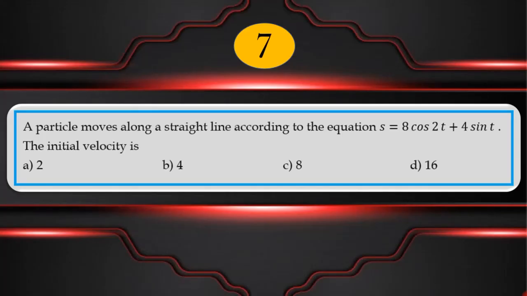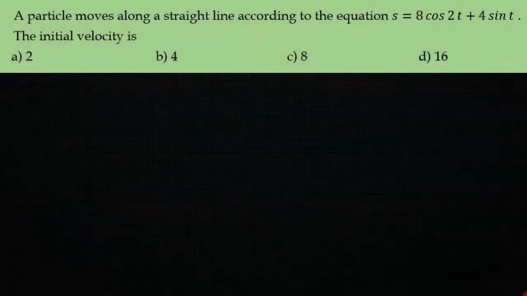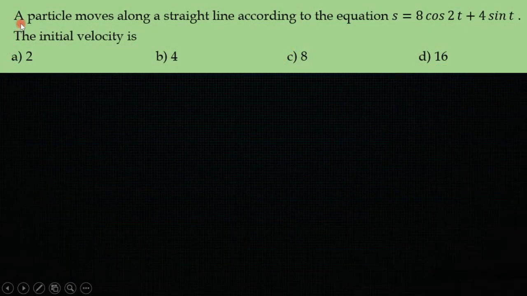Dear students, see the question number 7. Read the question and write it. The question is, a particle moves along a straight line according to the equation s = 8 cos 2t + 4 sin t.